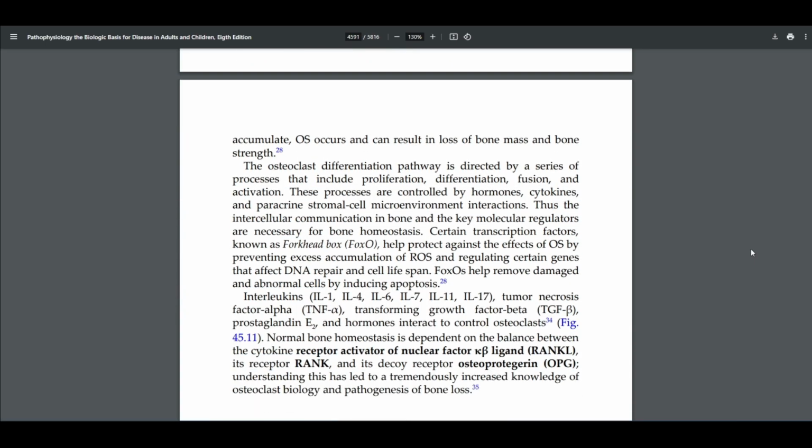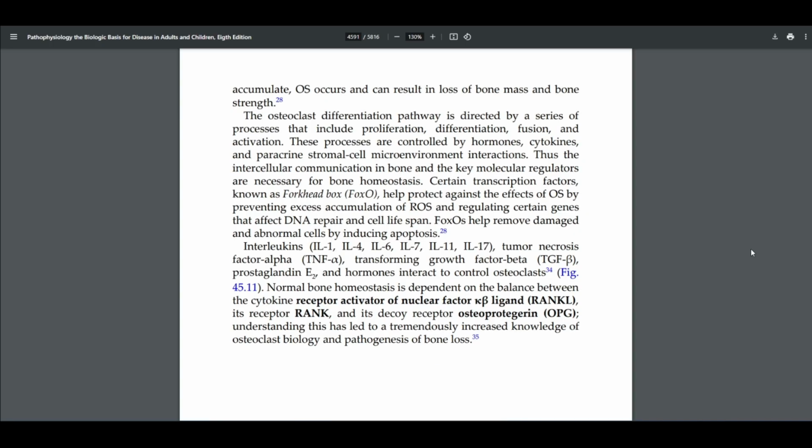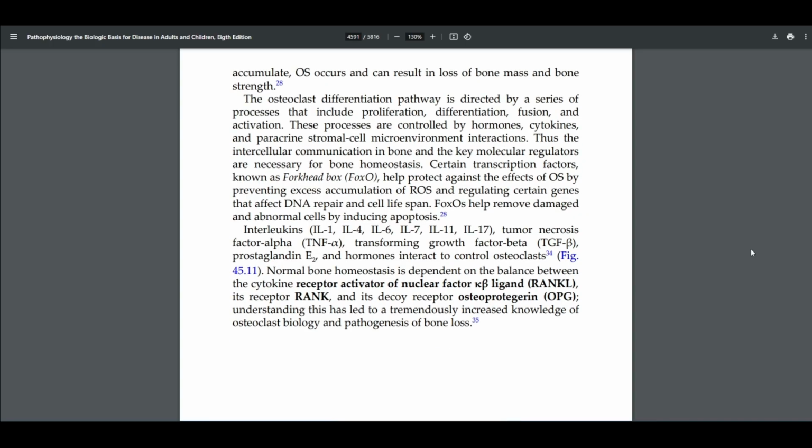The osteoclast's differentiation pathway is directed by a series of processes that include proliferation, differentiation, fusion, and activation. These processes are controlled by hormones, cytokines, and paracrine stromal cell microenvironment interactions. Thus, the intercellular communication in bone and the key molecular regulators are necessary for bone homeostasis.